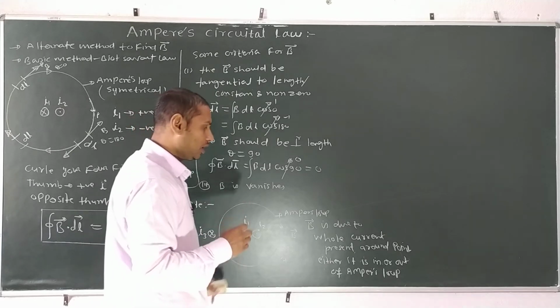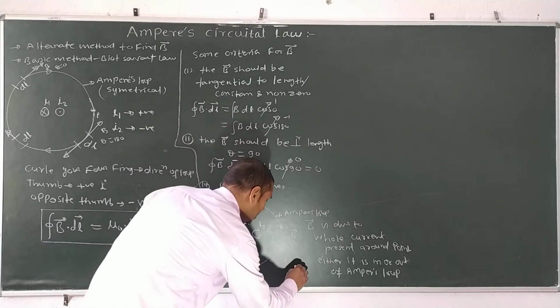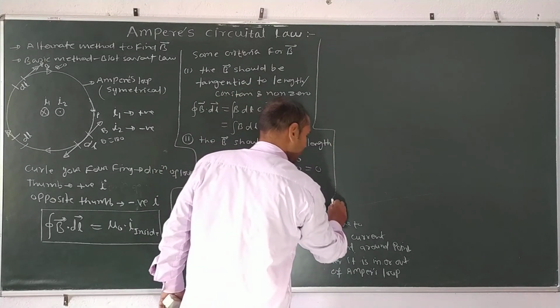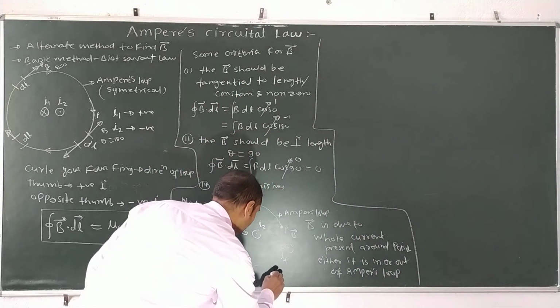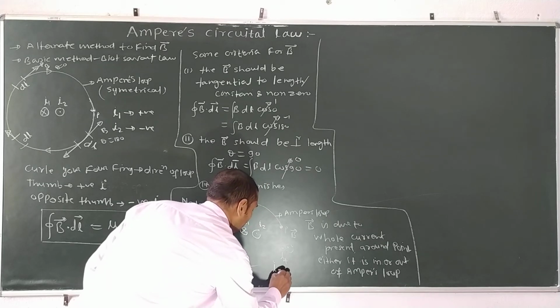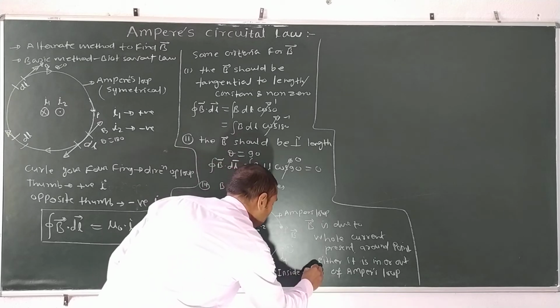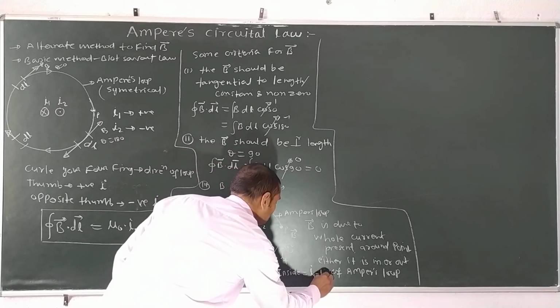But in the formula we will take only I inside, that is I1 minus I2.